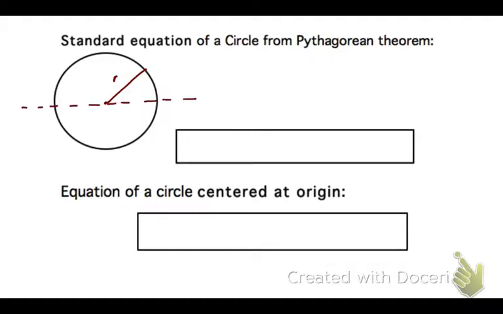So if we think about sketching in an XY plane, then we can start to think about where this equation comes from. We would have our center, in this case at 0, 0, and then we would have some point on the circle that we would call x1, y1. And again, that's going to be a certain radius away.